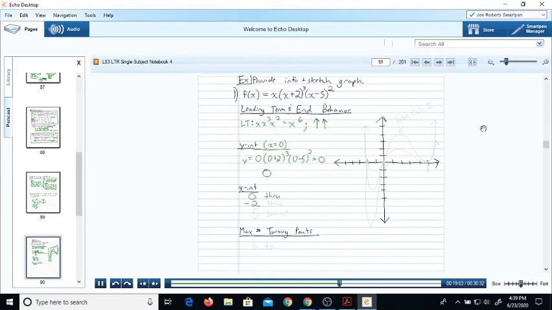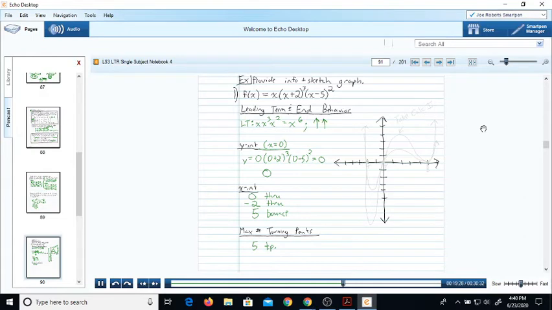We have -2. Now if you look at that -2, it has a multiplicity of 3, which is odd, so it's going to go through. Then we have another one at 5. Notice it has a multiplicity of 2. It's just even, so it's going to bounce. And notice it's degree 6, so you can have at most 5 turning points.